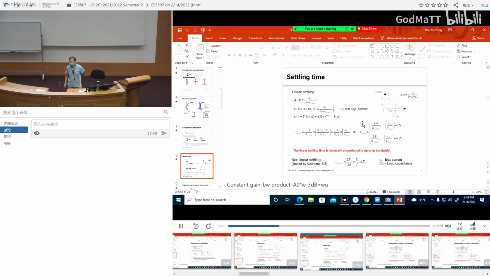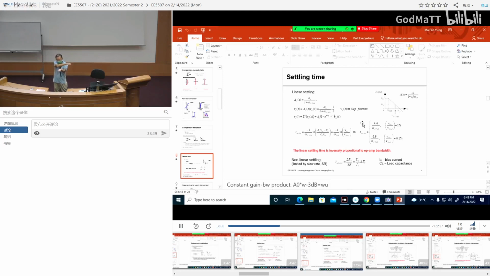So I'll ask you a simple question. For the exponential settling, where is the biggest slope? Where in exponential settling is the slope the highest? This is the time domain. Time 0 is where the step is, and time infinity is the final value.